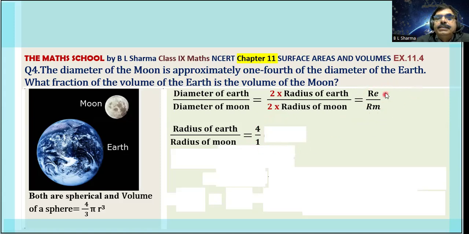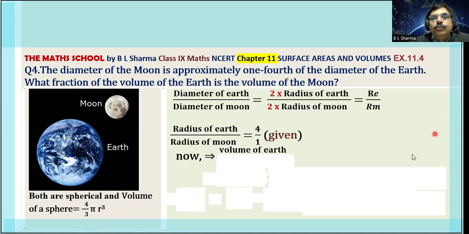So RE upon RM is 4:1. Now we have to calculate the volume of earth to volume of moon. Earth is spherical in shape, moon is also spherical in shape, and the formula of the volume of a sphere is given by 4/3 pi r cube.